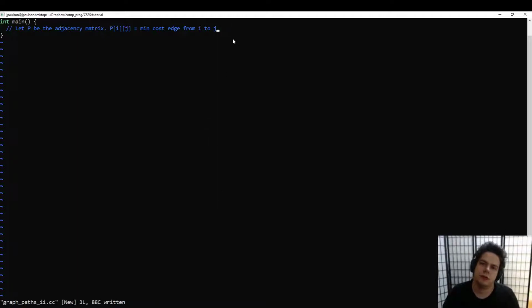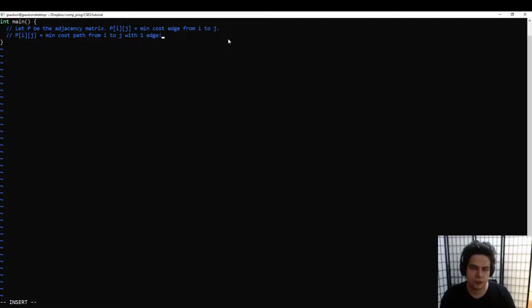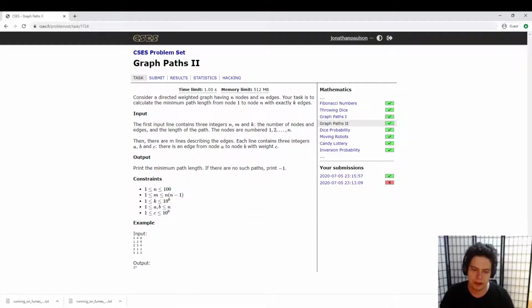Right, so we're allowing multiple edges, in which case we just take the minimum. So note that P_ij is the min cost path from i to j with one edge, right? So that actually solves the problem for k equals 1.